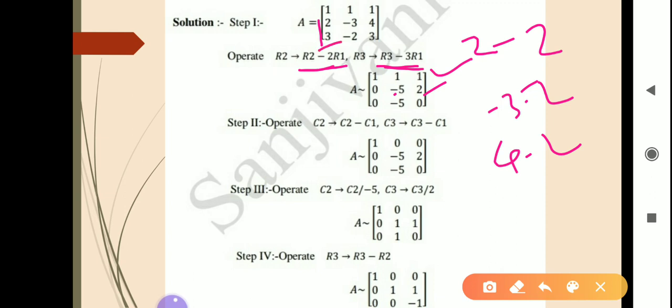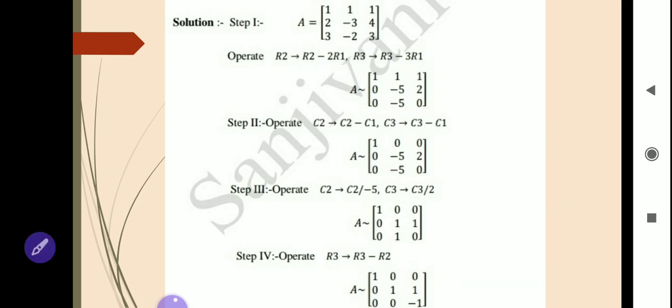Same for the third row: 3 minus 3 is 0, then minus 2 minus 3 is minus 5, and 3 minus 3 is 0.